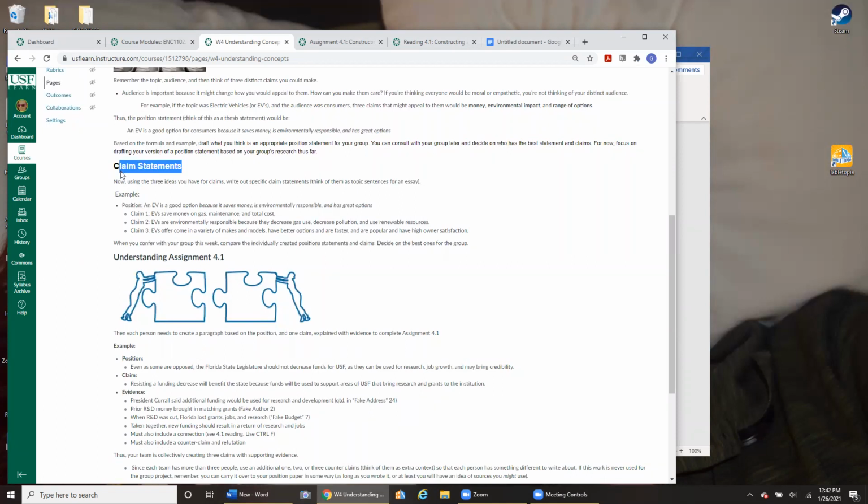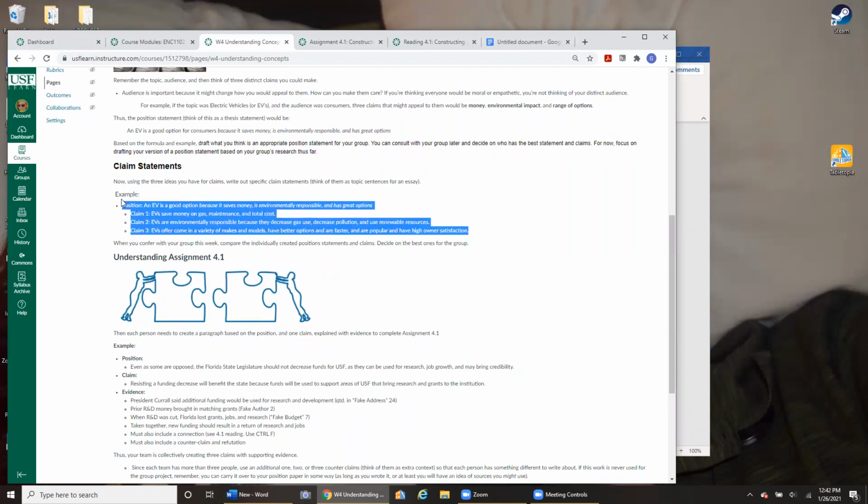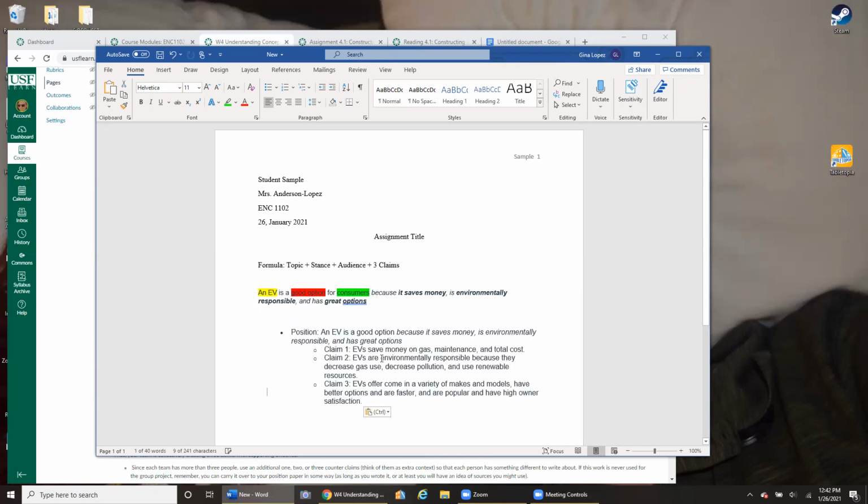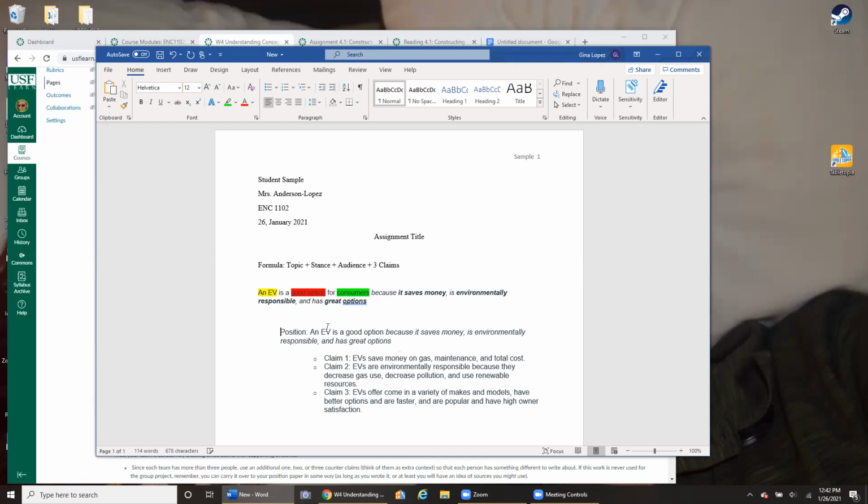And then we move on from position statements to claim statements. Something else that you're going to have to practice on your own, but it's also part of turning in 4.1. When I say draft some claim statements, essentially you're drafting statements that are based on the 3 claims you already promised in your position statement.